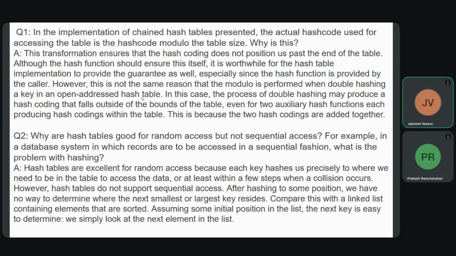Hash tables are good for random access, but they do not support sequential access. We have no way to determine where the next smallest or largest key resides. Comparing this with the linked list, we always have the next element to point to.